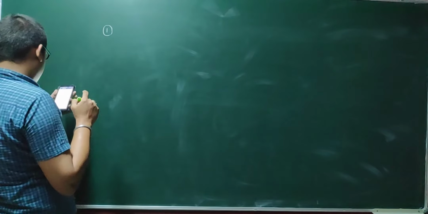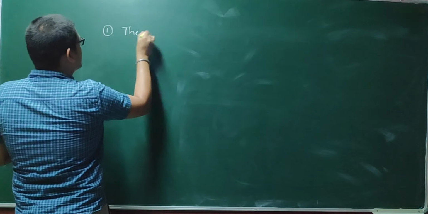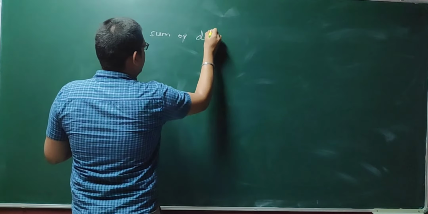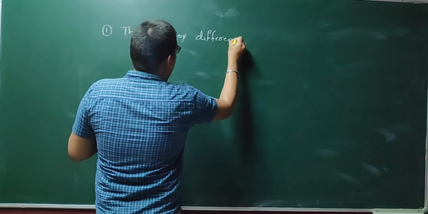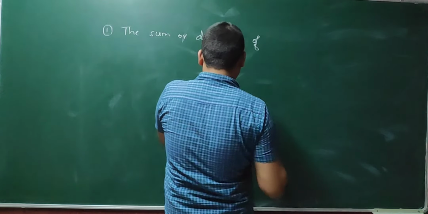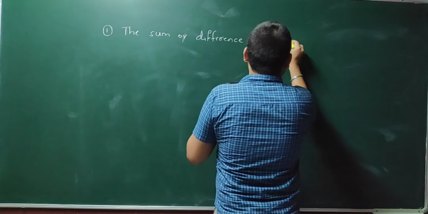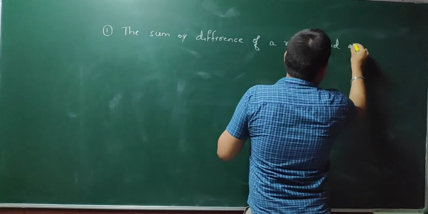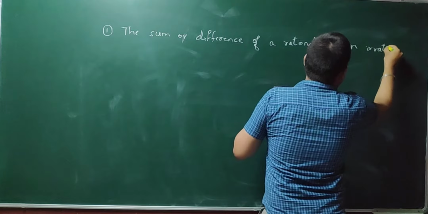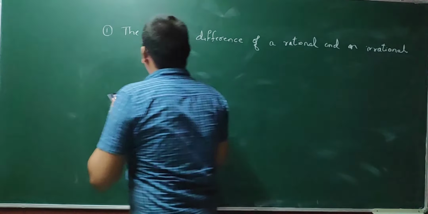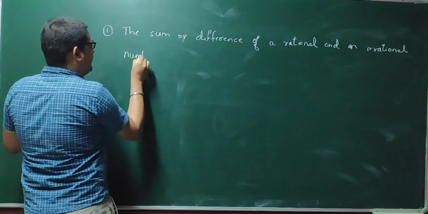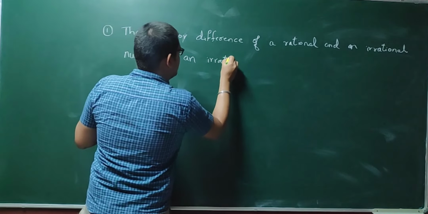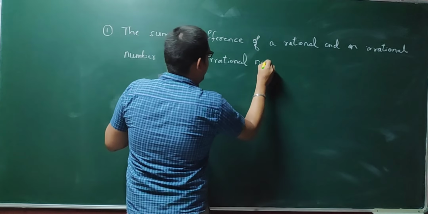So the first fact is that the sum or difference of a rational and an irrational number is an irrational number.